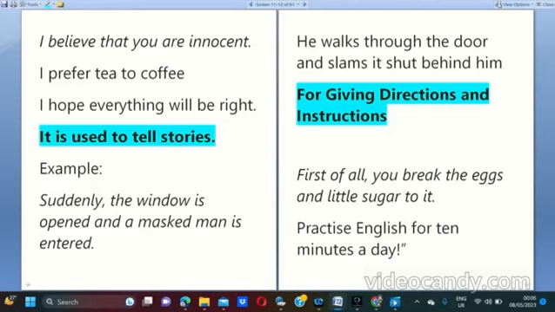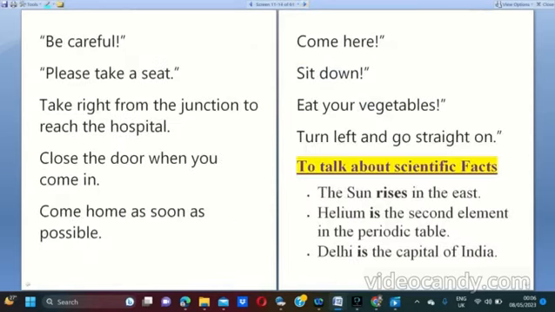Next, it is also useful to give directions and instructions. First of all, you break the eggs, add a little sugar to it. Here, we are giving directions and instructions. They begin with the verb directly. They come under imperatives. We use imperatives to give directions and instructions. Along with imperatives, we use simple present tense to give directions and instructions. Be careful, here the sentence begins with the verb directly. What are imperatives? Imperatives talk about commands, requests, orders, and many other things.